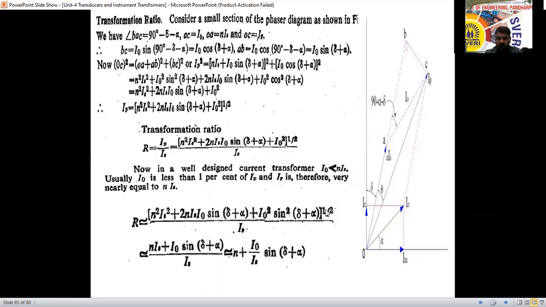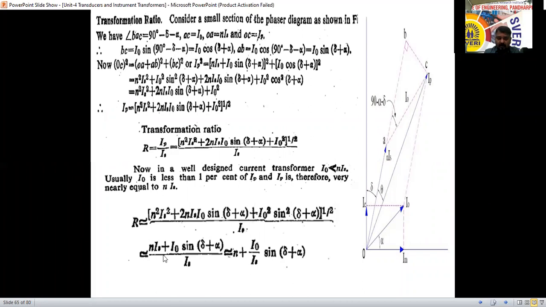N square is N, IS square is I, and I0 square is small compared with it. Because the term varies with N, the IS I0 sine delta term under the 1 by 2 power, the product of these two currents, is negligible, so we neglect it.